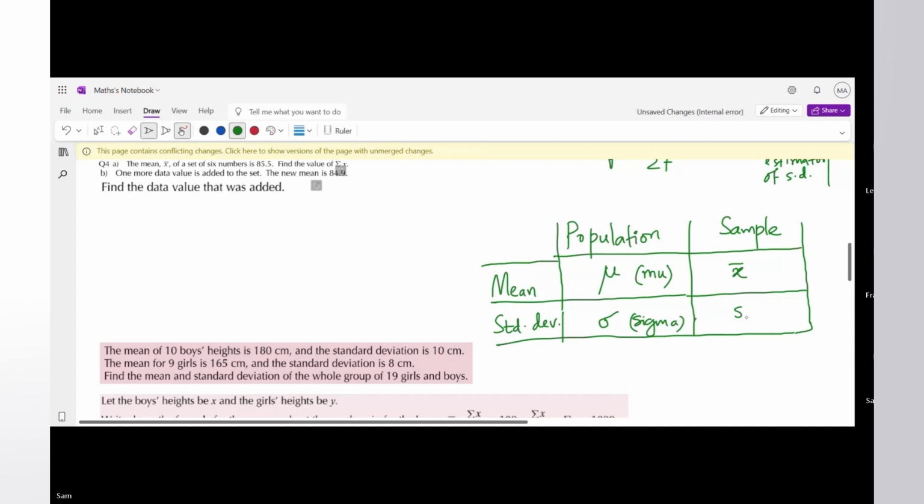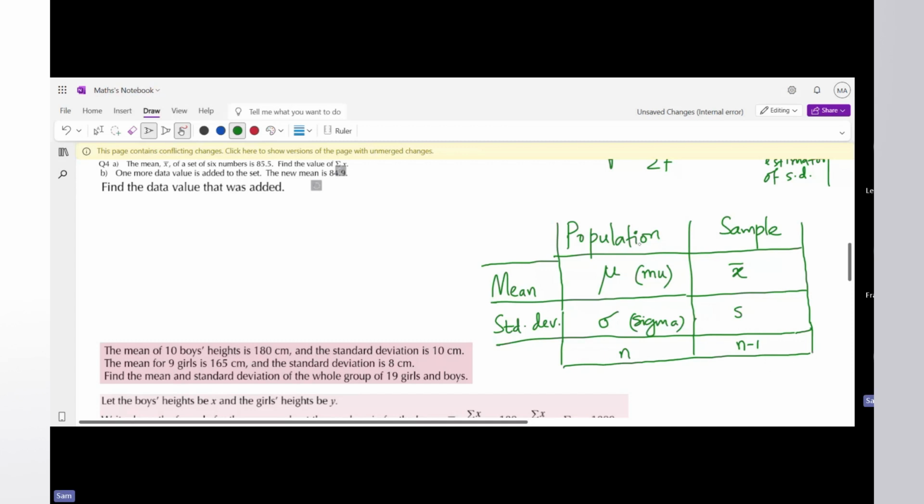So in case of populations, we use n, and in case of sample, we use n minus 1. Clear?